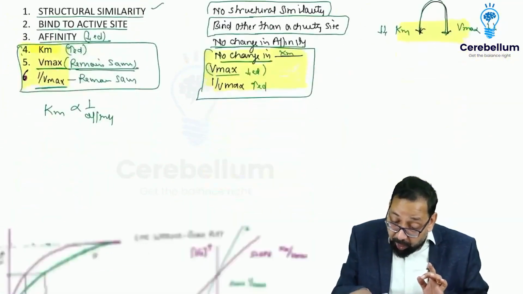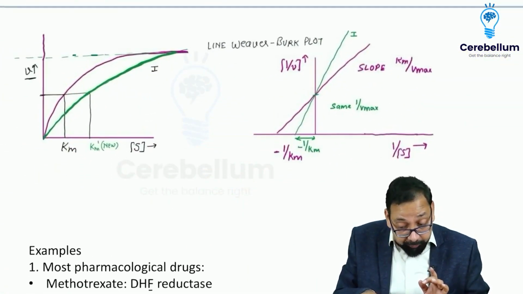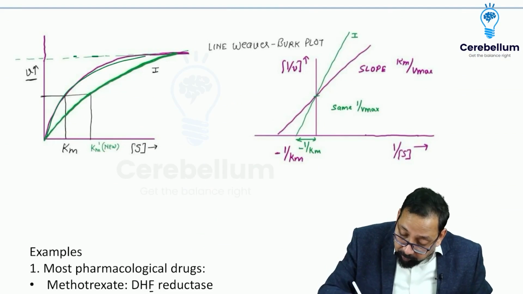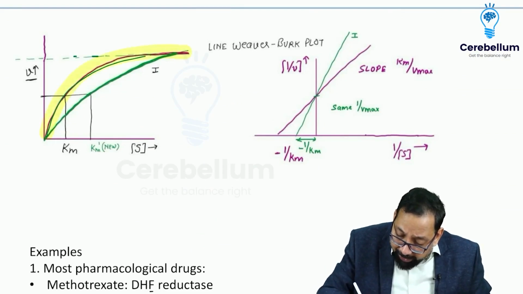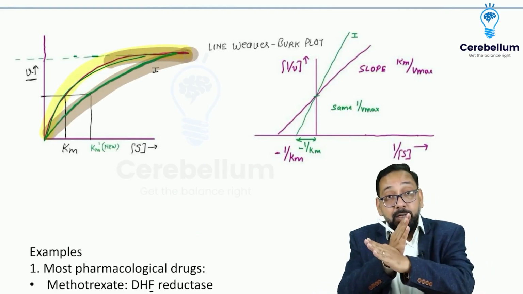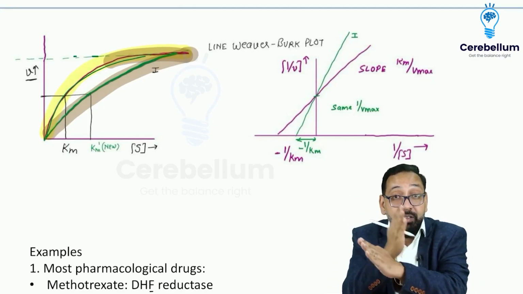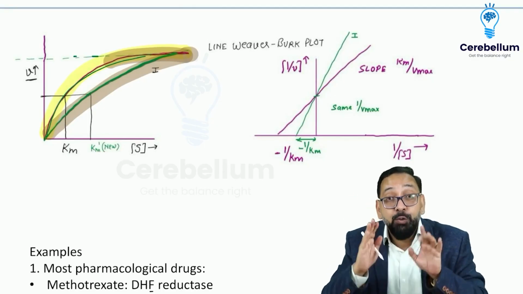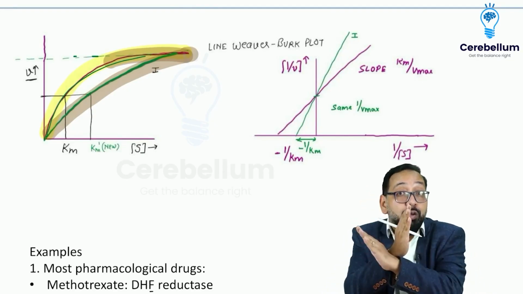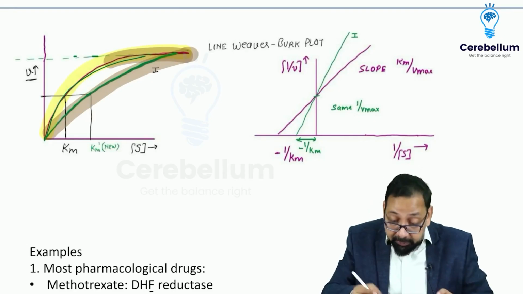Now questions are asked. They give graph. In graph, this is normal curve. This is normal curve. And this is after adding inhibitor. They are cutting each other. Yes, curves cross each other, cut each other. So whenever you find a graph and in that graph you find that two curves are meeting, these are cutting.